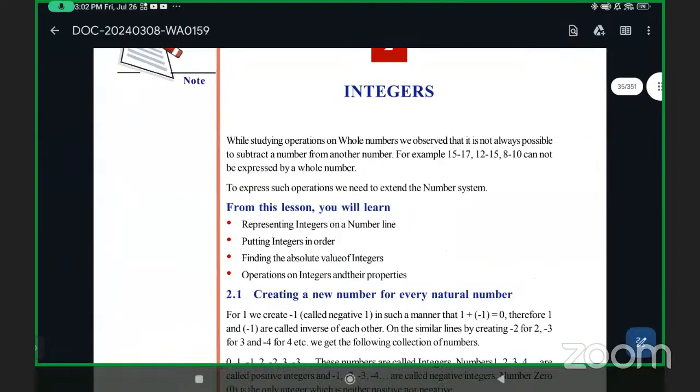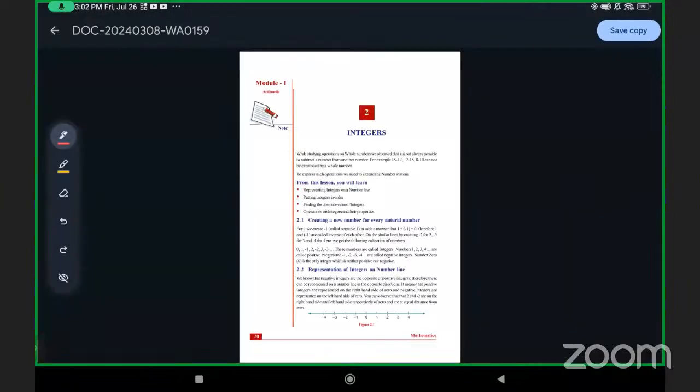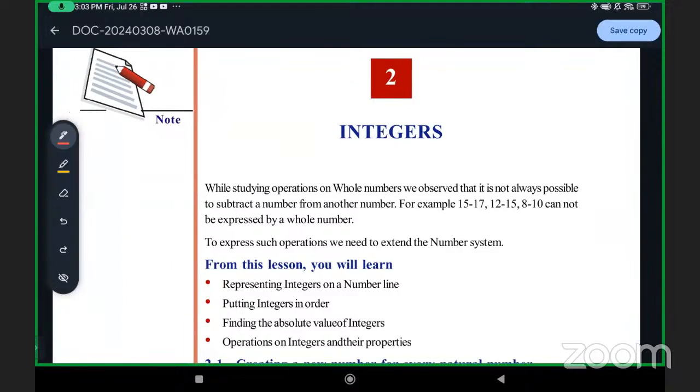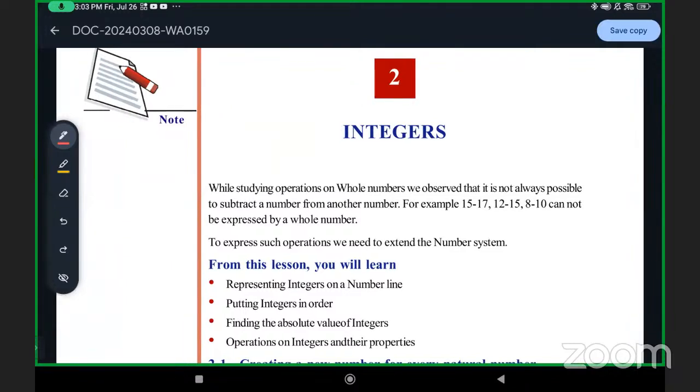In the last couple of classes, we did the backup of the first chapter. Today we will start with the second one, that is integers. Let's see first what the meaning of integers is.